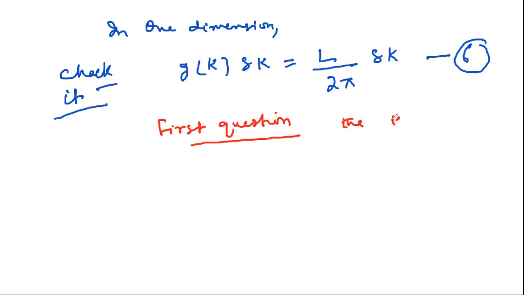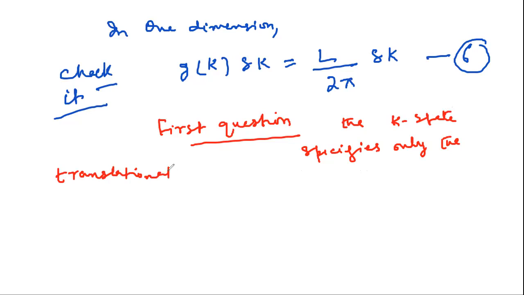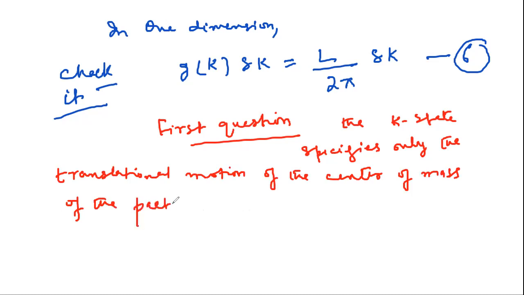The k state specifies only the translational motion of the center of mass of the particle, that is the gas particle which we are taking into consideration.